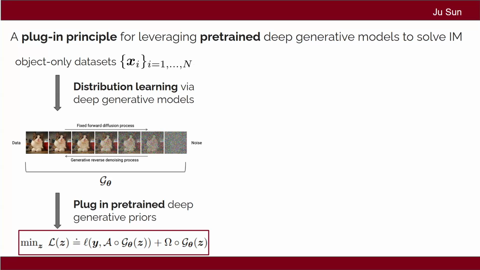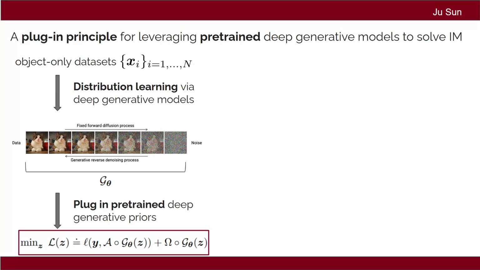And we just view the whole generation process as a function. For example, in the diffusion process, we start from some random noise, and the whole process, at the end of the day, is going to generate something meaningful to you, right? We just view this whole thing as a function that maps the random noise to the object of interest. And then we just plug this into the traditional formulation.